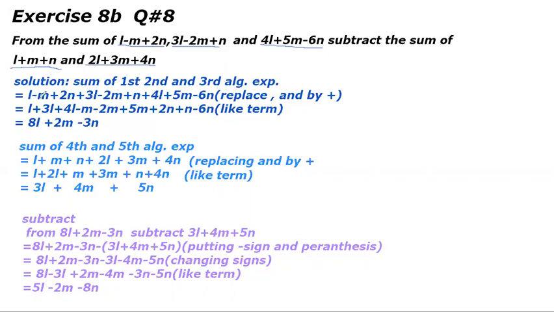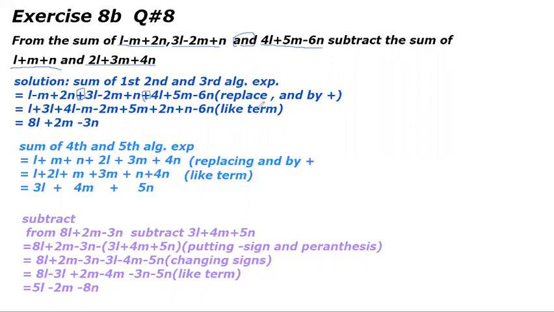When we write these algebraic expressions horizontally, I have replaced the comma sign by a plus sign, and this 'and' I also replaced by a plus sign. That is the first step.